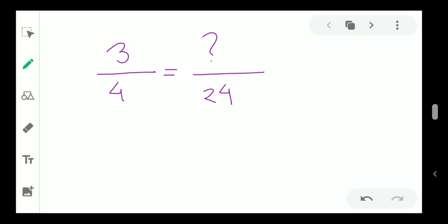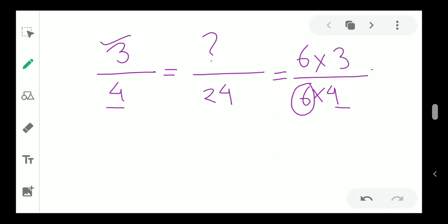Using our normal method, we can write 6 into 4, because 4 was already there, so 6 must be multiplied with it. So 6 will be multiplied upside also, and 3 was already there, so this should be 18 by 24.